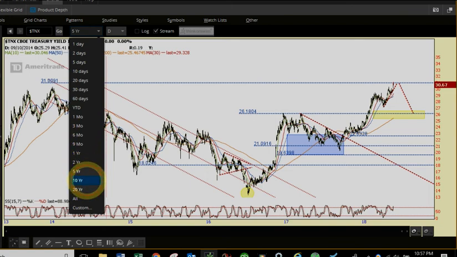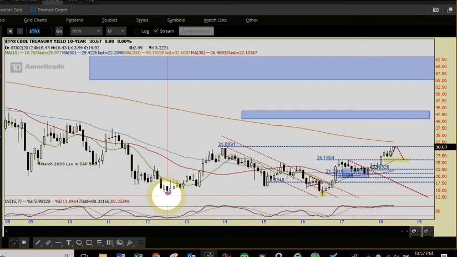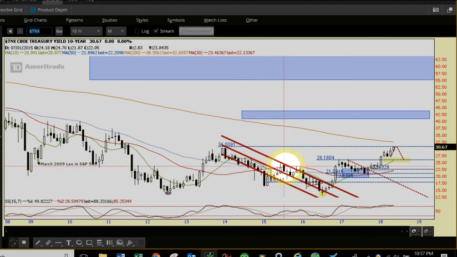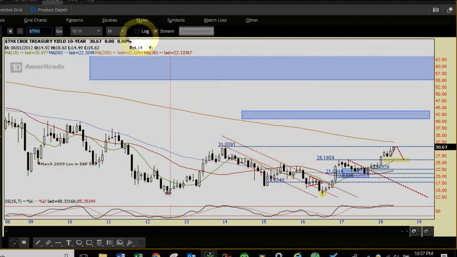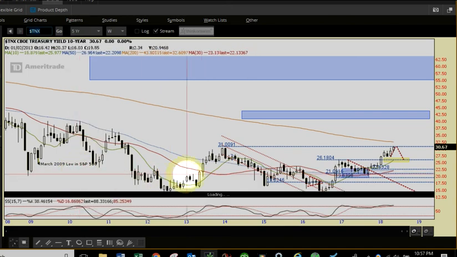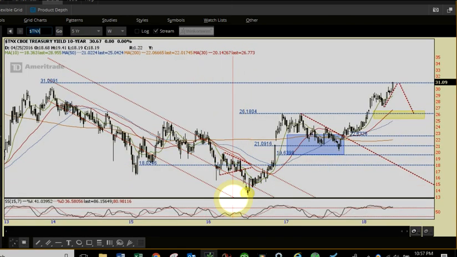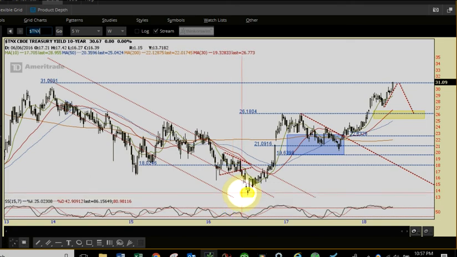Just to broaden out and recap what we looked at, we thought this was going to be the low, and then this low actually eclipsed this low ever so slightly, which meant that this new low was potentially the end of a downtrend, the end of a very long reduction in interest rates.